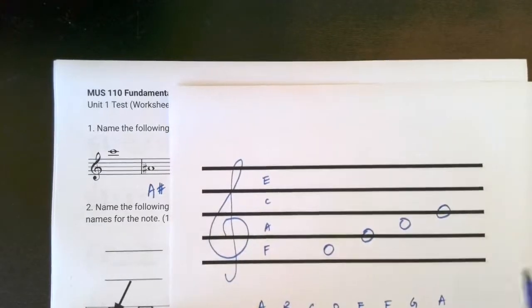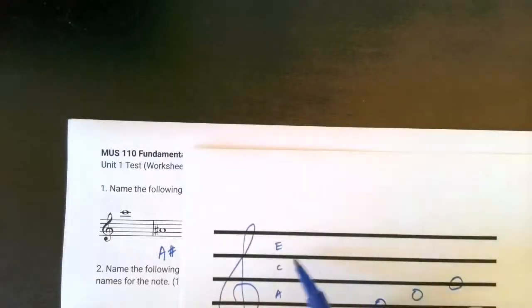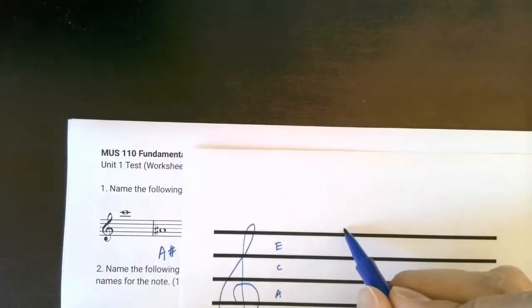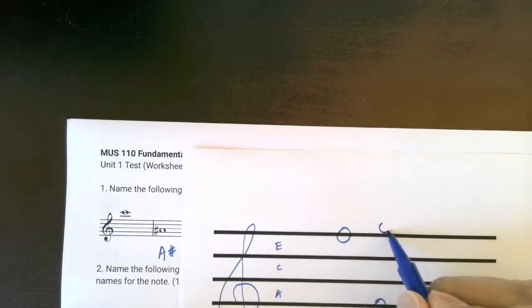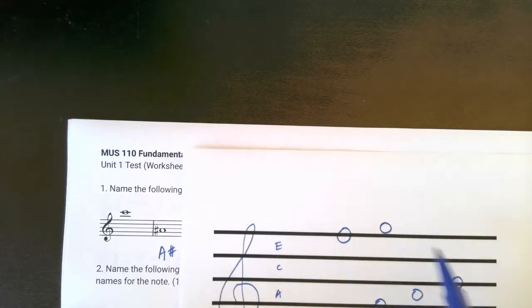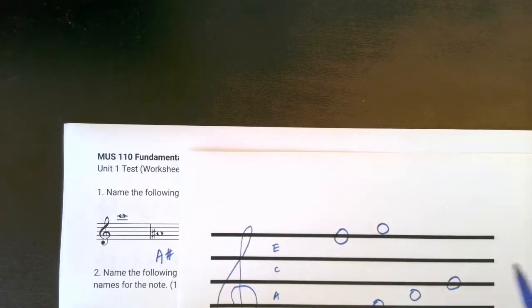When we get to ledger lines, we talked about ledger lines a little bit. Once we hit the top of the staff, let's say this F right here, we're just going to continue on up. So this is F, so this is now a G. Now we've run out of lines, so that's why we use ledger lines as temporary staff lines to extend the range of the staff.